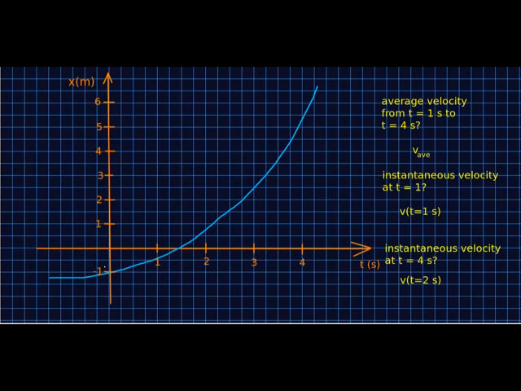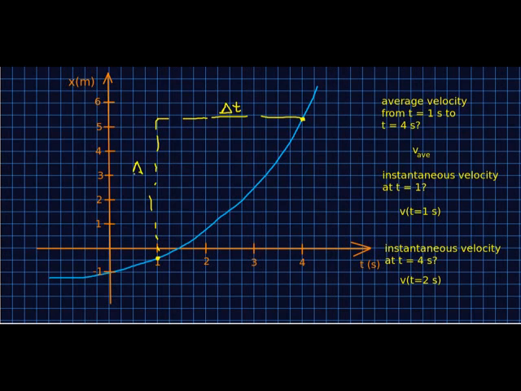Let's just quickly illustrate this. Here we have an x versus t that's a curve. So this object, whatever it is, is not moving with constant velocity. And let's compare the average velocity from t equals 1 to t equals 4 with some instantaneous velocities. So we know how to get an average velocity. We take the 2 points that are the end times, and we need a rise over a run.